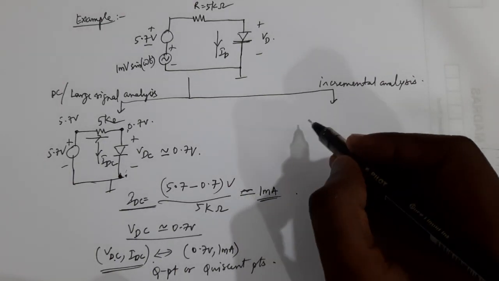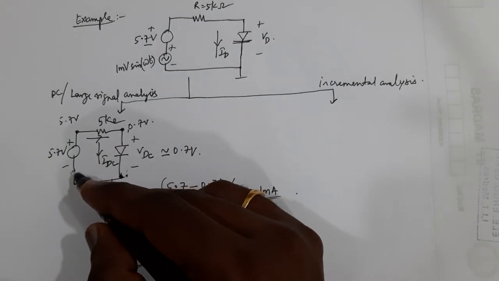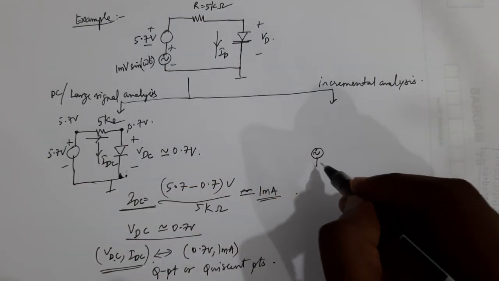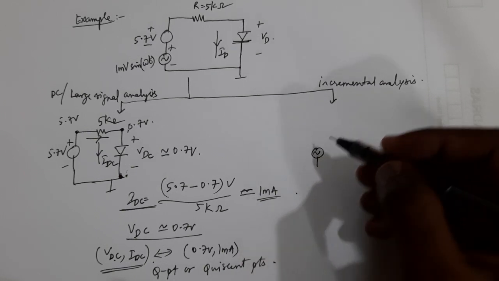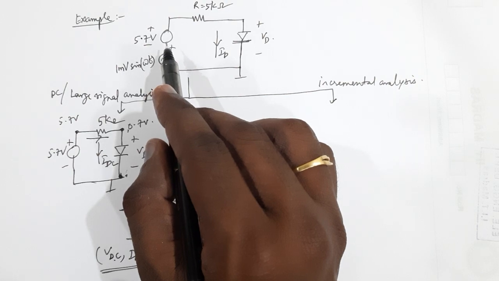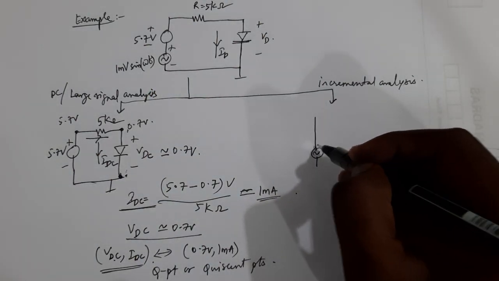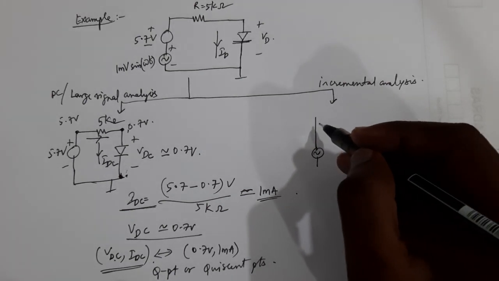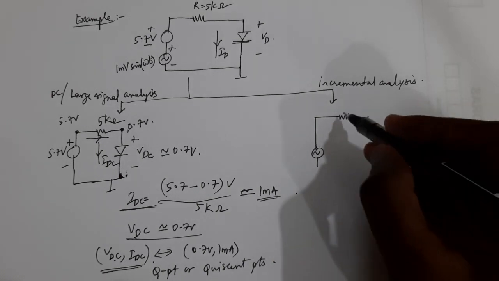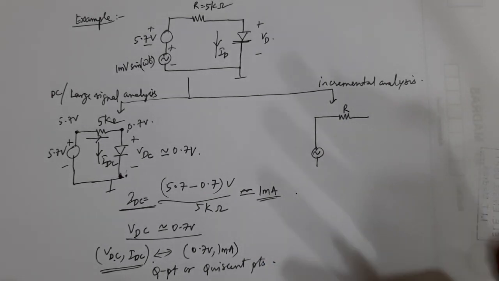So first of all, let's go from this side. Here you have disabled the signal for DC. Here you cannot disable the signal, so the signal will appear as such, okay. And then what about the voltage source? The incremental equivalent of the DC voltage source is a short circuit. That is what we saw last time, right? And the incremental equivalent of a resistor is the resistor itself, because a resistor is a linear element.